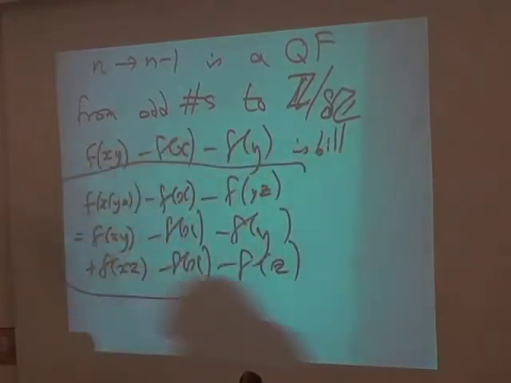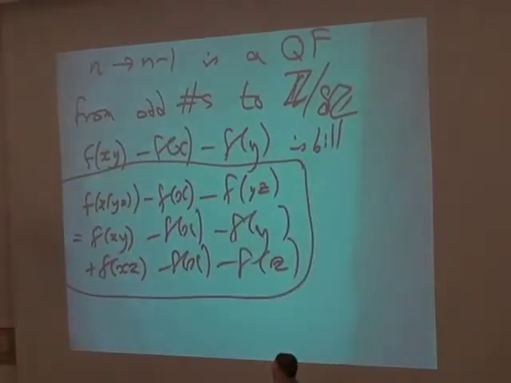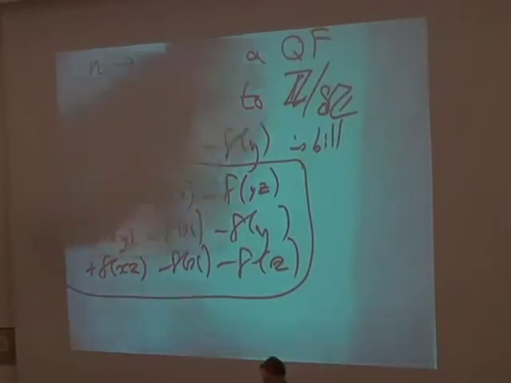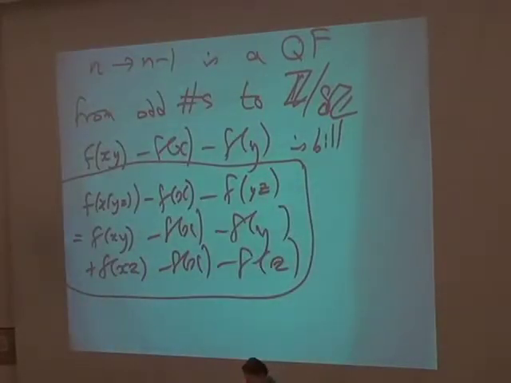So the condition for being a quadratic form is this identity, which has got numerous terms in it. It's actually, 2 of them cancel. It's got 7 terms in it.